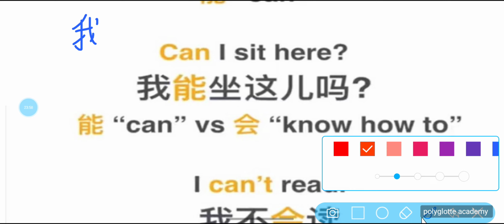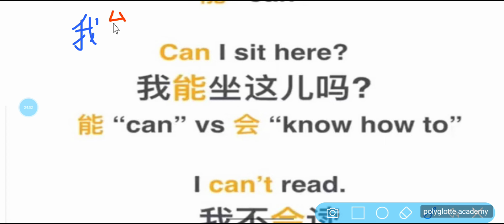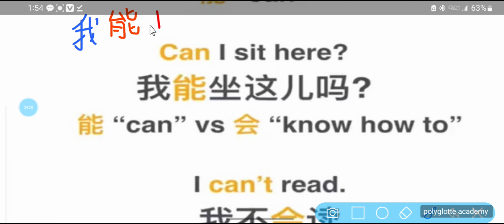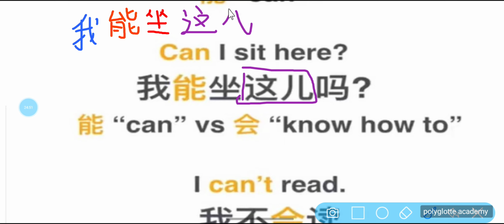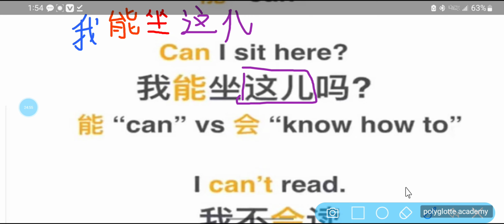So 能, we are going to use a different color, and for the next one we use another color to mean 坐. 这 is a single word, so we write it with the same color. So this is how you write the character.